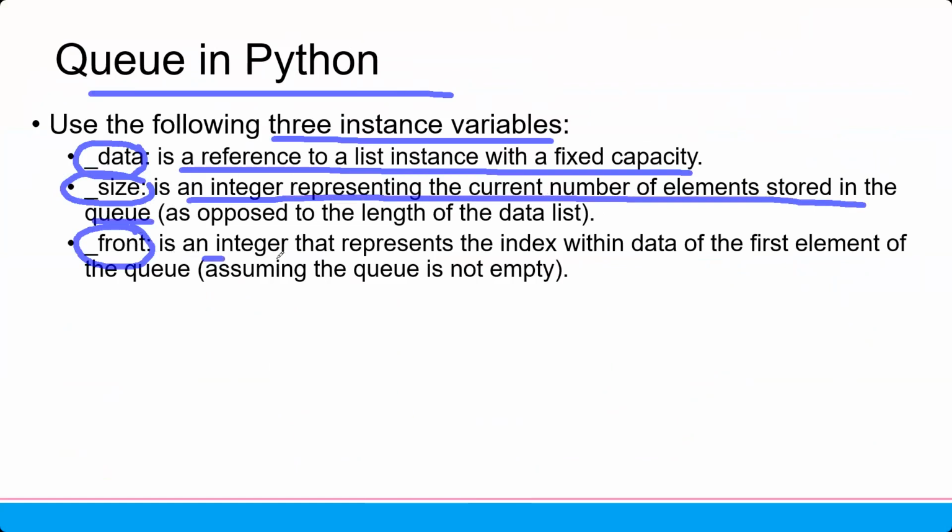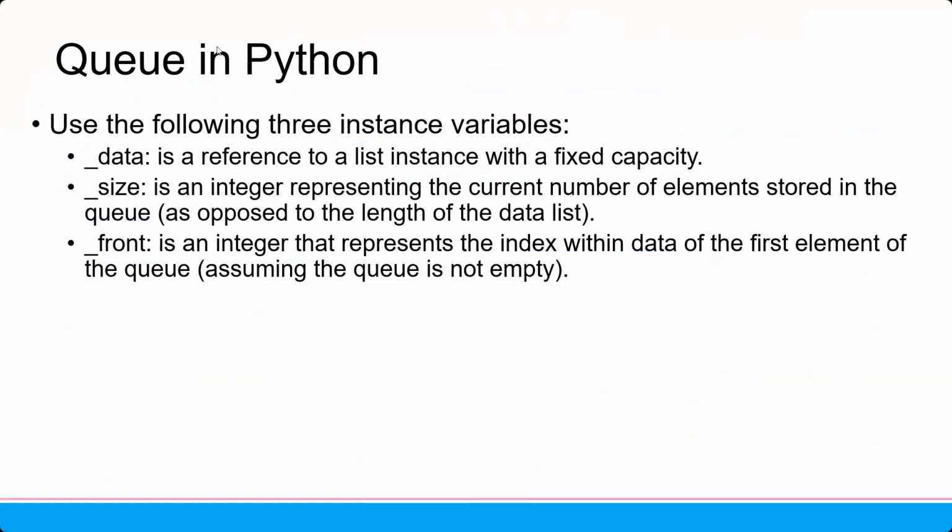And front is an integer that represents the index within data of the first element. We learned previously that if we have an underscore prefix, it is considered a private data member, which means we will not be able to access it from outside the class.